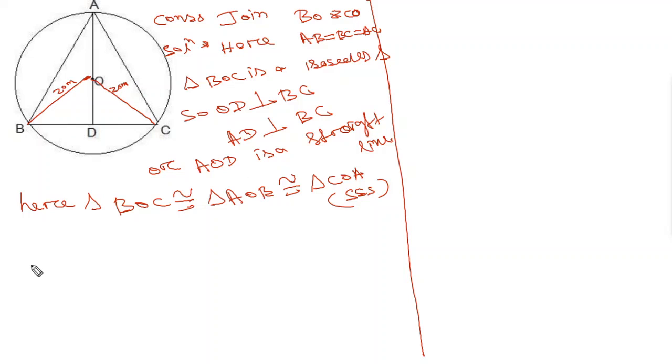Hence, area of triangle ABC equal to area BOC plus area COA plus area AOB.